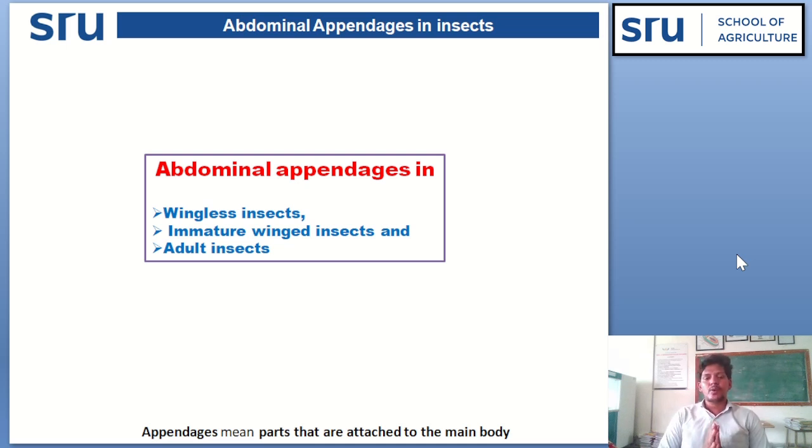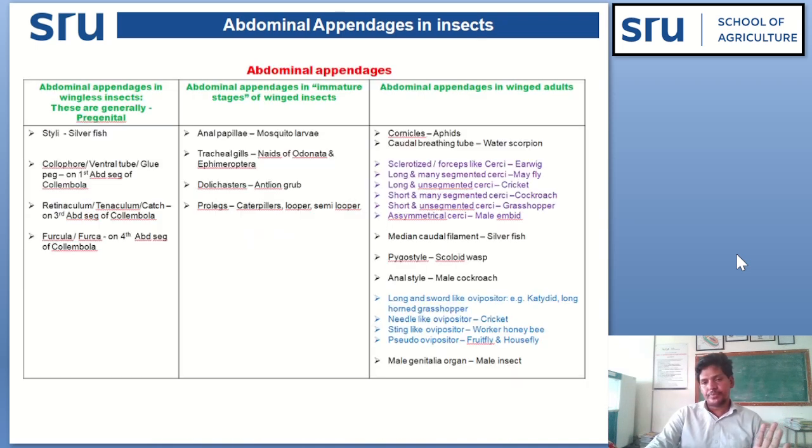The head region has attached parts, that is appendages, such as antenna, eyes, and mouth parts. In the thorax region there are also appendages, the wings and legs. Like that, in the abdomen also appendages are there. In this session we are discussing abdominal appendages only.